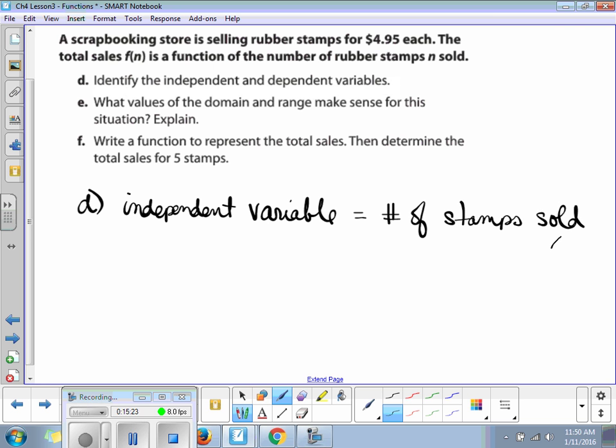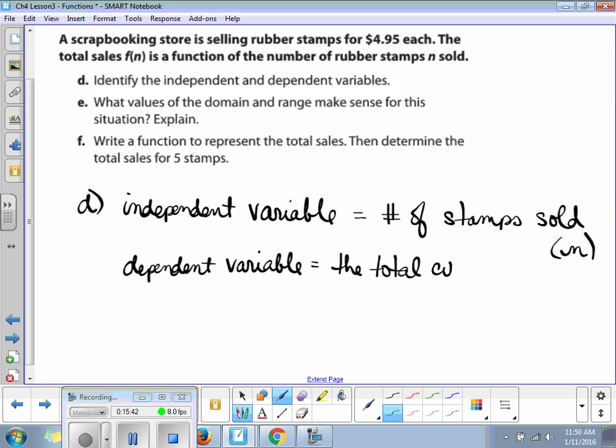Okay, and that was the n, right? The dependent variable is the total cost. And they have that as f of n.